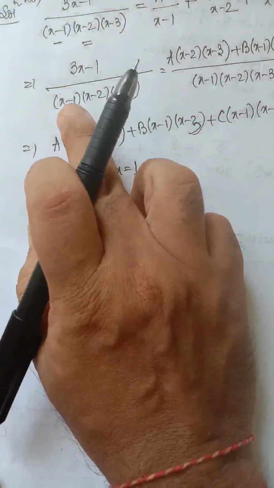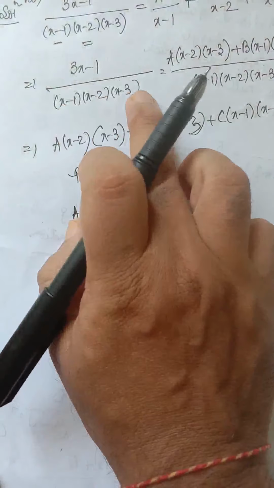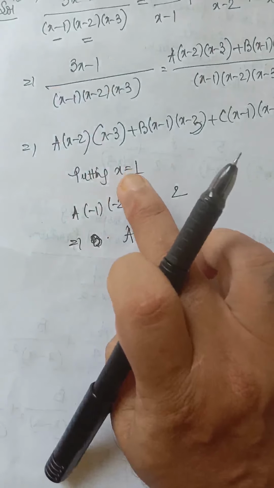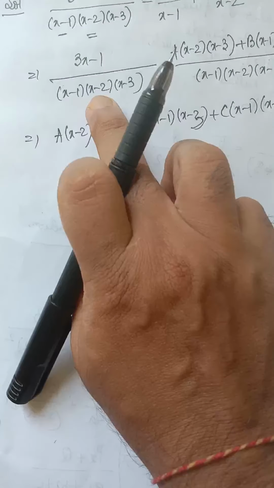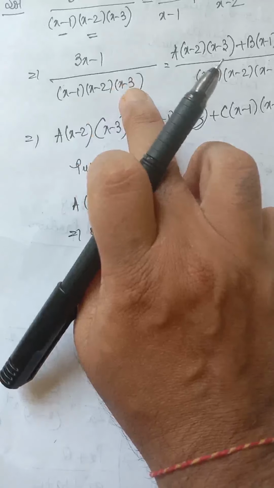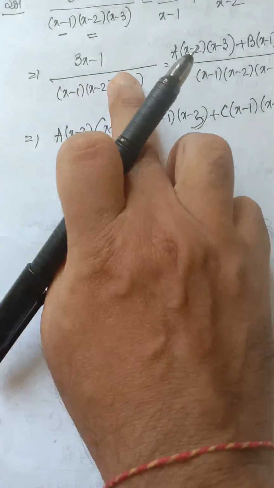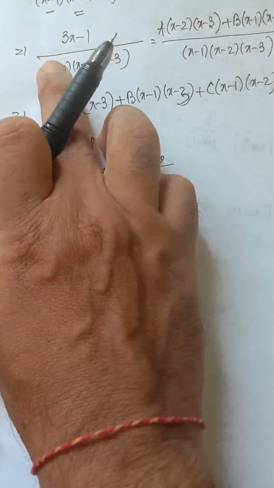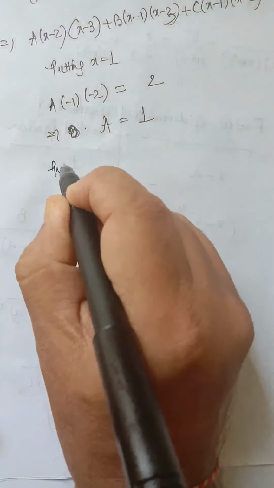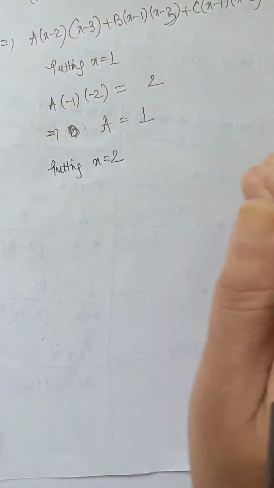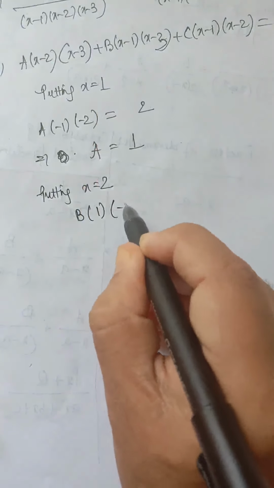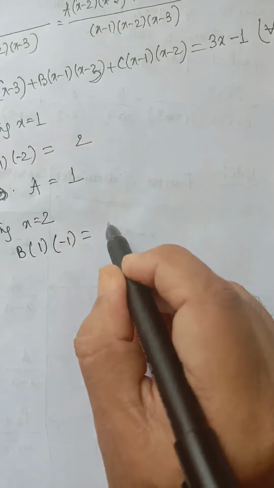Now you see the factors of the denominator, x minus 1, x minus 2, x minus 3. This will be 0 when x equal to 1. So first we started by putting x equal to 1. Next we'll put x equal to 2, and then x equal to 3. Putting x equal to 2, we get B into 2 minus 1, which is 1, into 2 minus 3, which is minus 1, equal to 6 minus 1, which is 5.